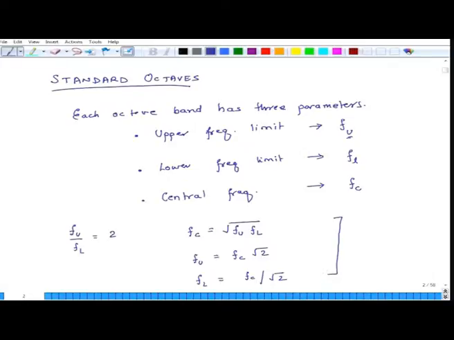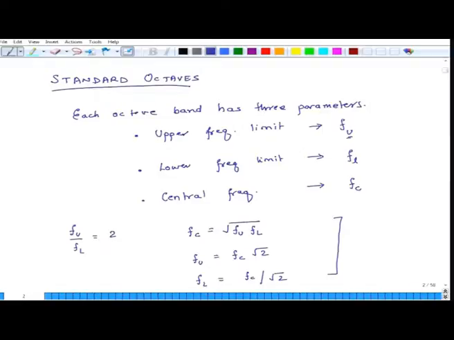So every octave band has an upper frequency limit, a lower frequency limit and a central frequency, and the central frequency is off from the upper by a factor of square root of 2, and from the lower one also by a factor of square root of 2.